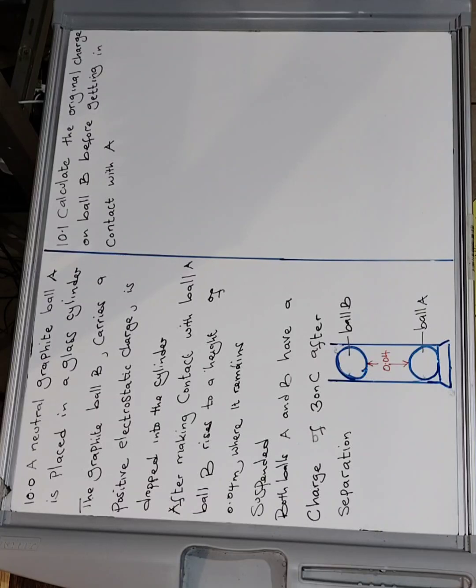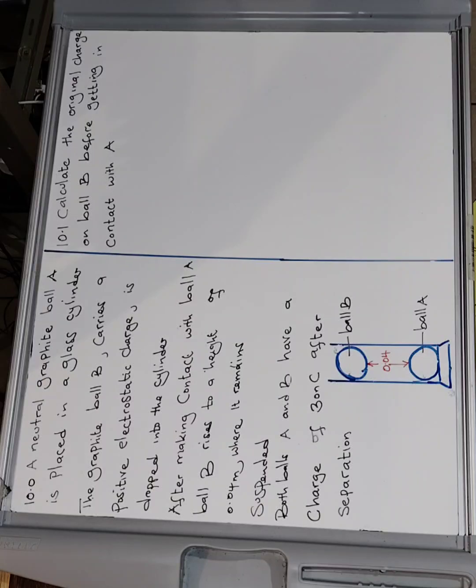Okay, today we are looking at this question. It comes from Electrostatics, and let us analyze it. It says a neutral graphite ball A is placed in a glass cylinder.